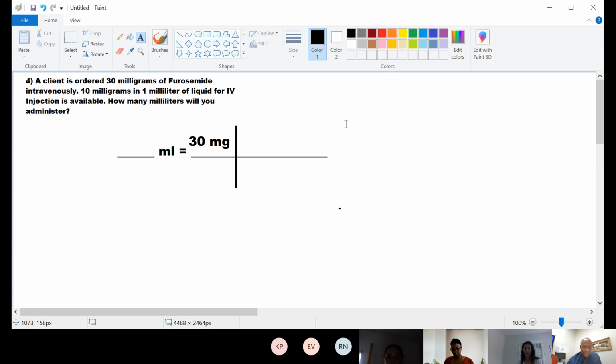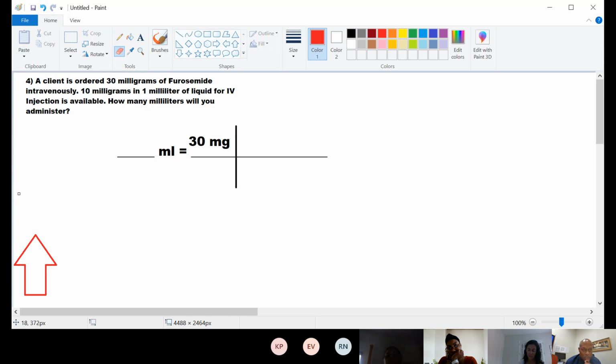Now that we've got our units that we're looking for, remember it's UOA, right? Then we've got our order. What's next is the A, what's available. And what do we have available? 10 milligrams, but in a 1 milliliter solution. Right. But now, let's make sure we set this up right.